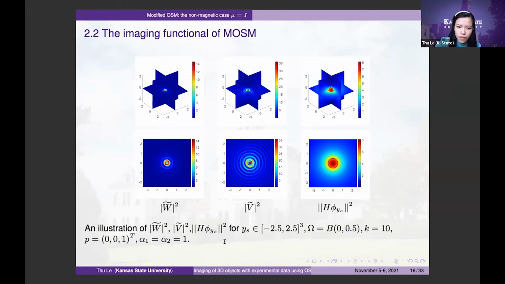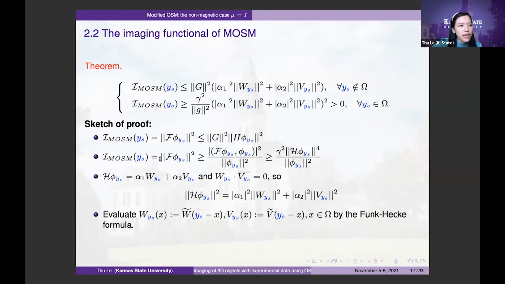All right, so I sketch a little proof here. Basically we use the factorization for f and the coercivity of t, and then we can derive the upper bound and lower bound for the imaging functional in terms of the norm square of h.